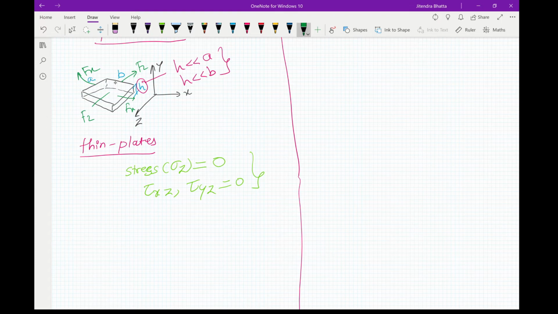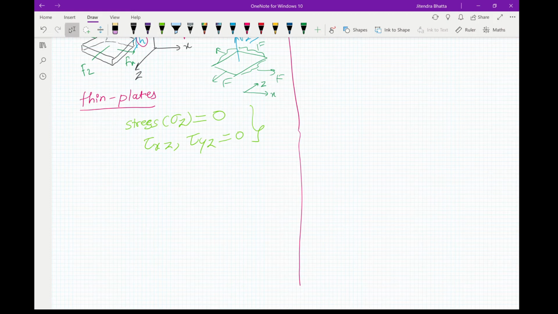In cases where we have applied loads like this in the xz plane, your forces can be here, here, here and here. So this is our xz plane. In these cases, the stress in the vertical direction is taken as 0 in plane stress problems, which are thin plates like thin slabs.